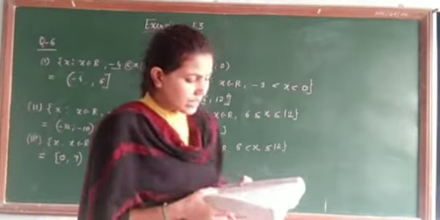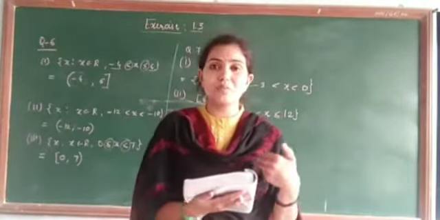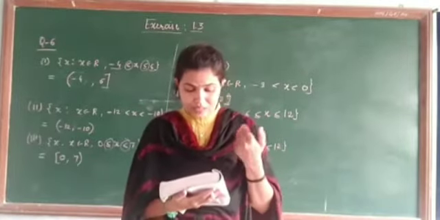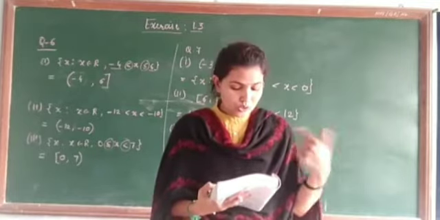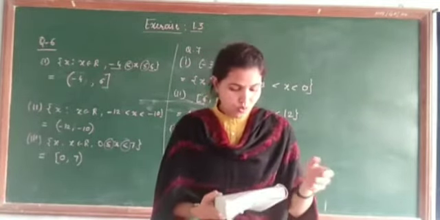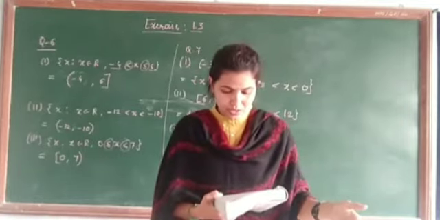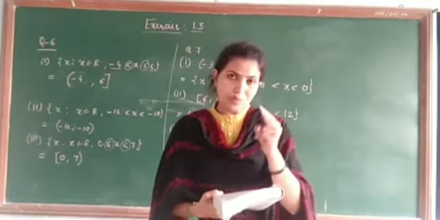Questions 8 and 9 will clear your concept about the universal set. What should we consider as the universal set? Question number 8: what universal set would you propose for each of the following? First is the set of the triangle and second is the set of the isosceles triangle. So you have two sets.